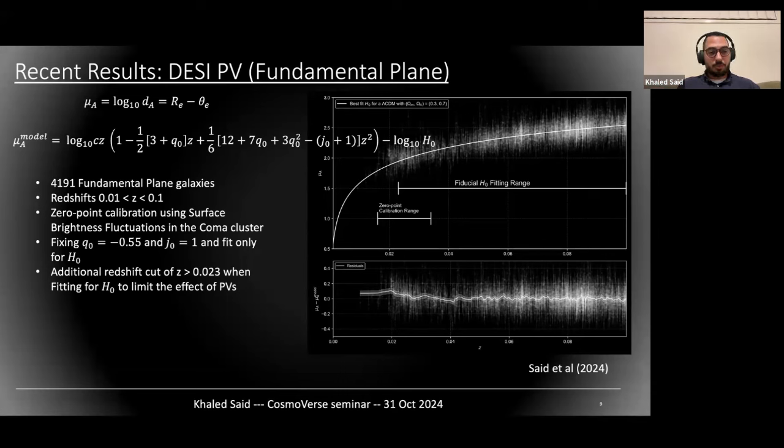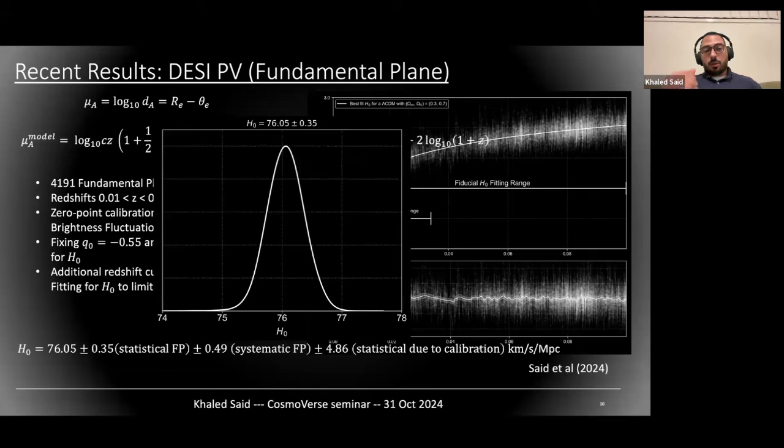Because our redshift range is very small, basically only going to 0.1, we fix q0 and j0, and we fit for the Hubble constant. When we fit for the Hubble constant, we do an additional cut to limit the effect of peculiar velocity. And that's what we found.